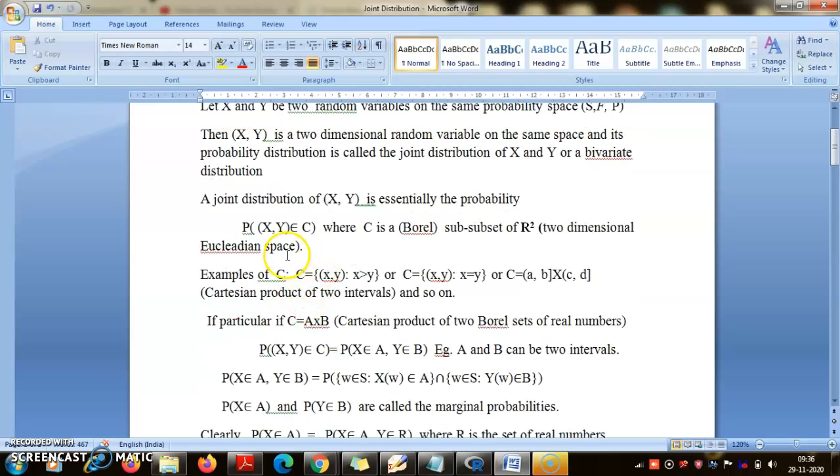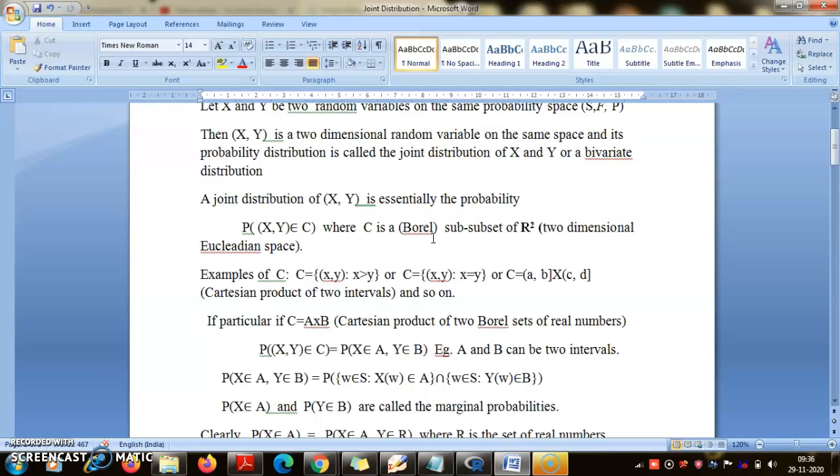So here we are interested in computing the probability that (X, Y) together belongs to a set C, where C is any Borel subset of R2. Borel subset means it is a member of the Borel sigma algebra, which you have studied in analysis. That is the collection that is generated by open intervals. In R2, the intervals mean rectangles.